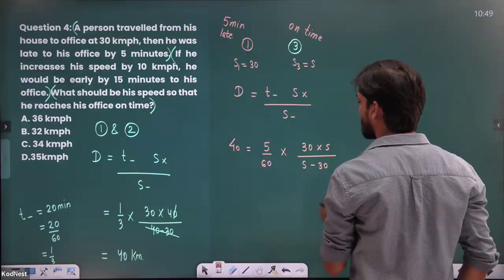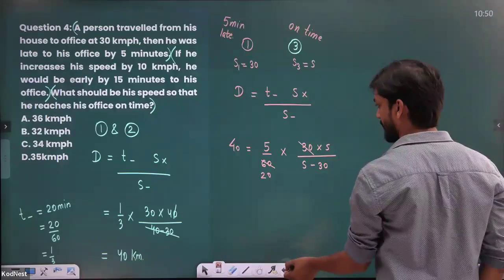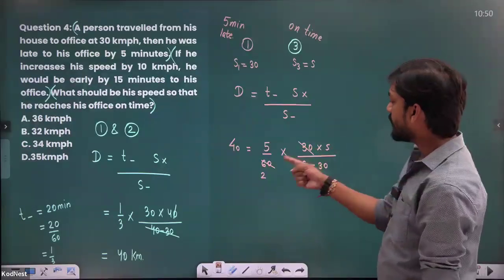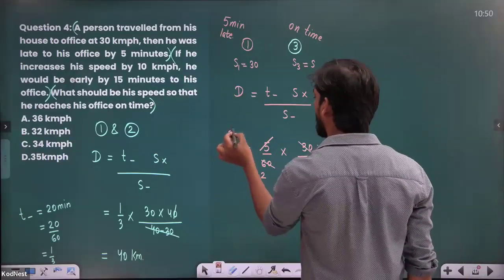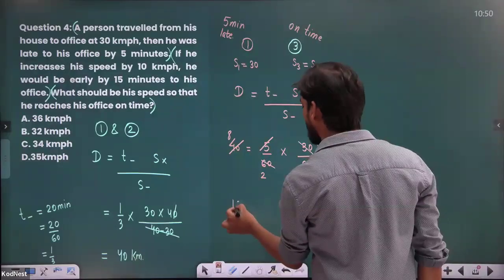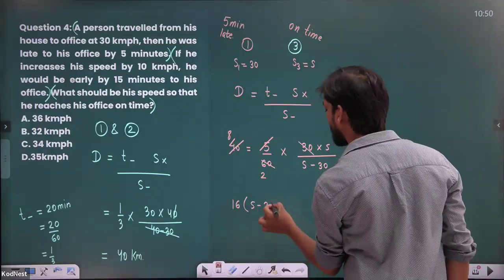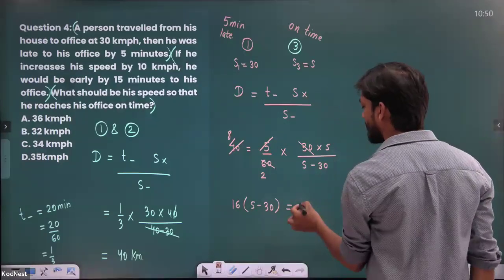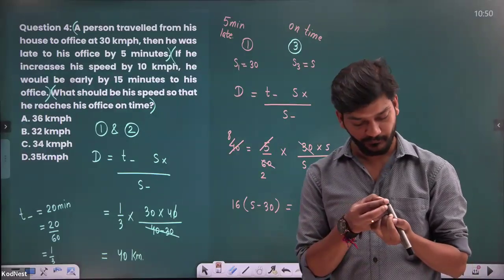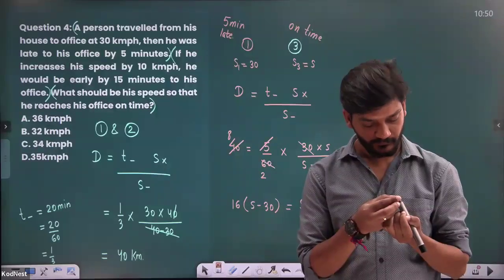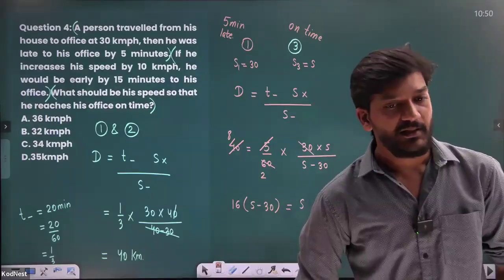Now just simplify this. 30 into 2 will give you 60. Now 5 into 8 will give you 40. 8 into 2 is 16. So 16 into (S minus 30) equals S. Yes, S3 is more.